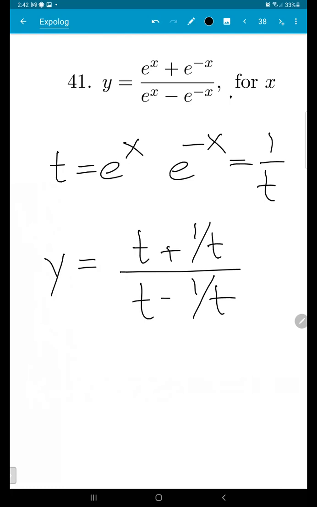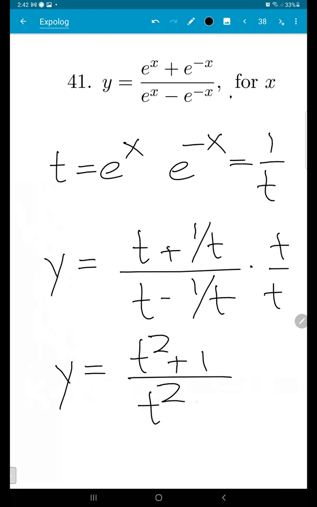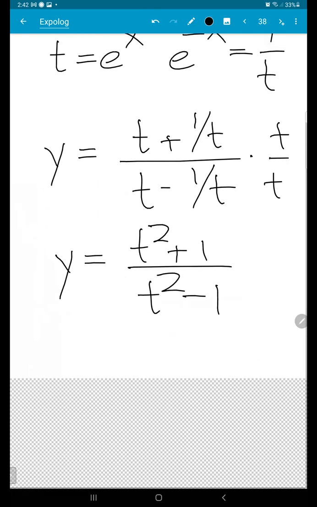Before cross multiplying, we will eliminate the fractional expressions within the fraction, so we multiply by the LCD. And then we cross multiply.